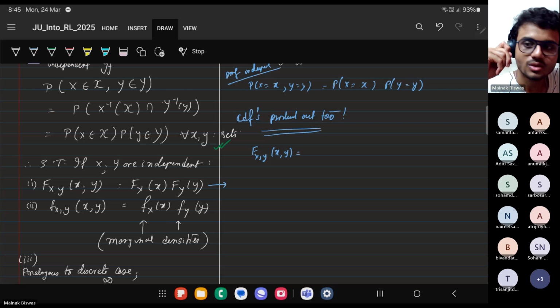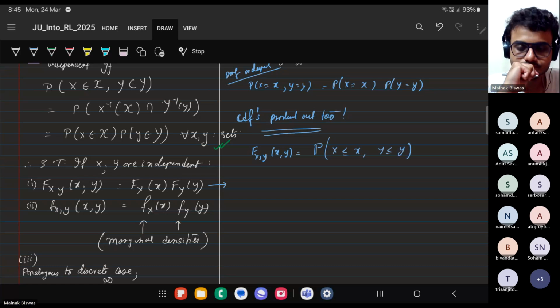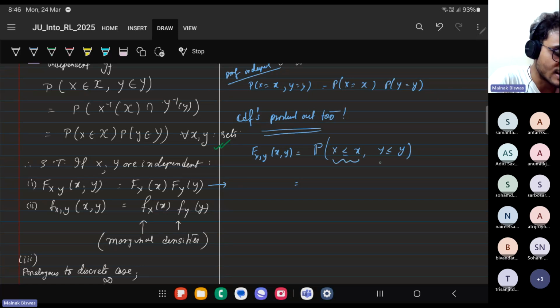Please, first tell me the definition of the CDF. If you already know, also please help me out. Sometimes it's good to interact. Can I write this as X less than x and Y less than y? If this is true, then what is this event and what is this event?